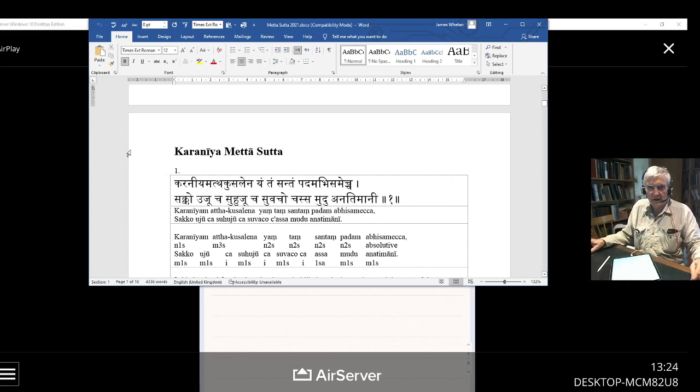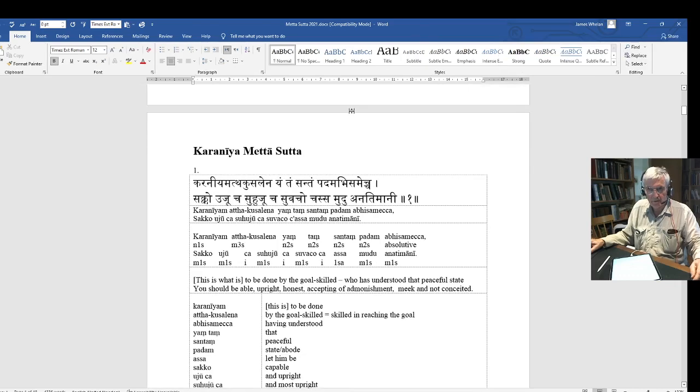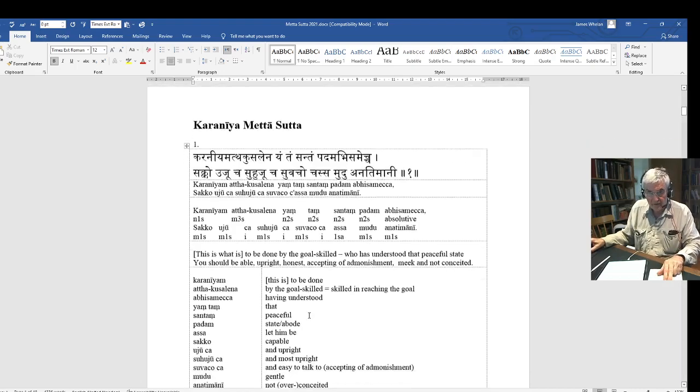Here we have it, the Karaniya Metta Sutta, which is my full analyzed version. Rather than go through the whole thing, I'll just look at all of the optatives, and I think they're all in the third person because they're saying what should be done by a person who wishes to follow tan sam tam padam. Right, the first optative we have is in verse 3.